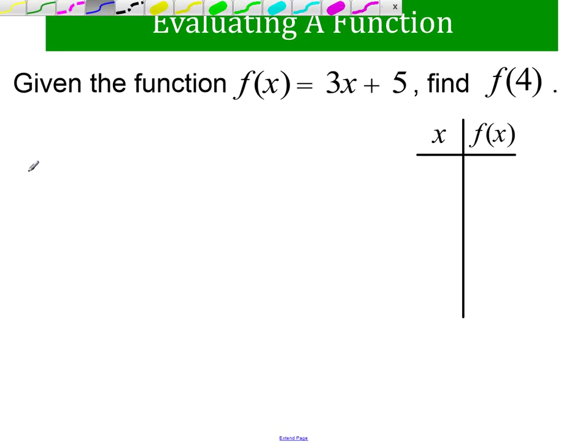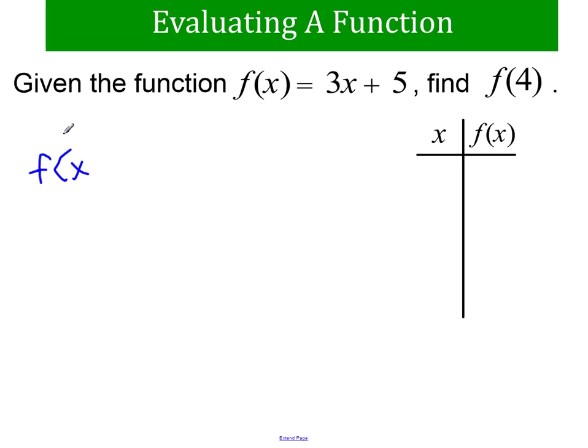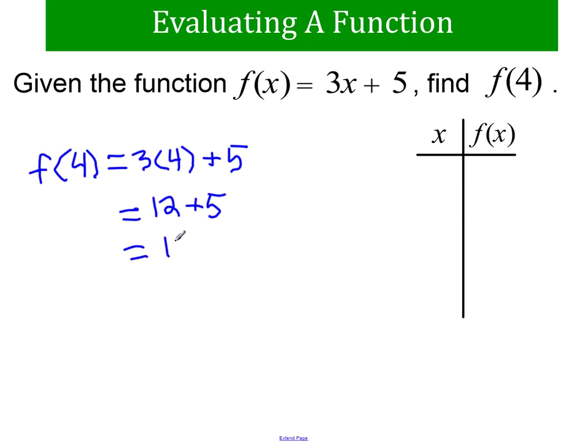So you saw a little bit of this in the last slide, but essentially what you're doing is replacing x with 4 for f of 4, and then on the right-hand side, you're just replacing x with 4 here, 3 times 4 plus 5, and then evaluating this right-hand side. 3 times 4, what's that? 12, plus 5, and then 12 plus 5 is 17.